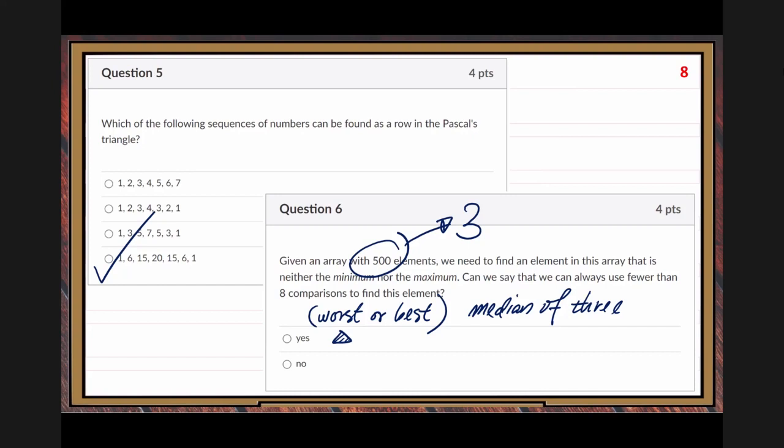Because if we can solve the worst case, then we can solve other cases only better than the worst case, right? You can only do better for other cases than the worst case. Okay?